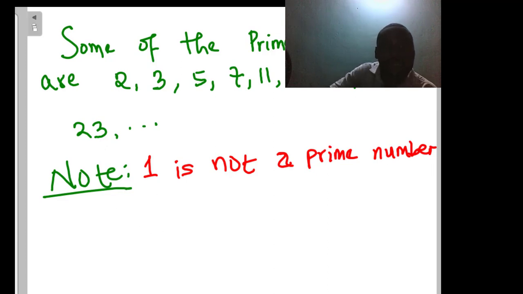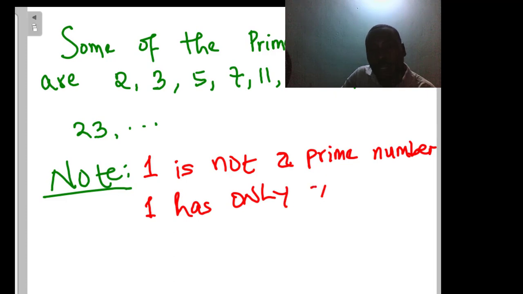The reason 1 is not a prime number is this: 1 has only one factor, so it does not qualify to be a prime number. A prime number must have two factors, but 1 has only one factor.